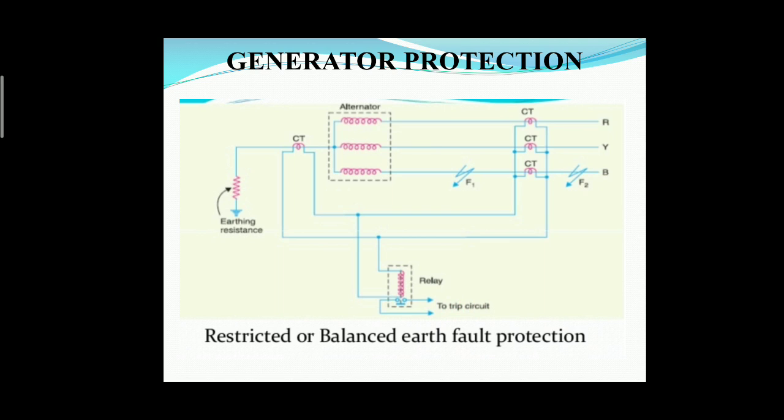If the fault occurs near the neutral terminal, when the grounding of the neutral is connected through a resistance or a distribution transformer, then the magnitude of the fault current flowing through the secondary of the current transformer becomes small.